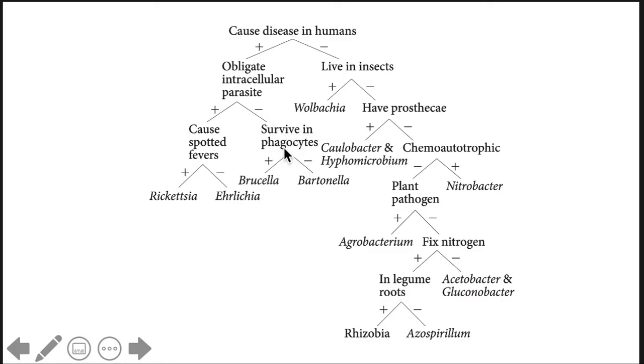If it survives in phagocytes, maybe it's Bartonella, maybe it's Brucella. But if it causes the spotted fevers, then you know it's going to be a Rickettsia. If it doesn't cause spotted fever, then it's not Rickettsia. It's this other group that we didn't talk about, so you don't have to know anything about this one. Okay. We will make our way through this side as well.